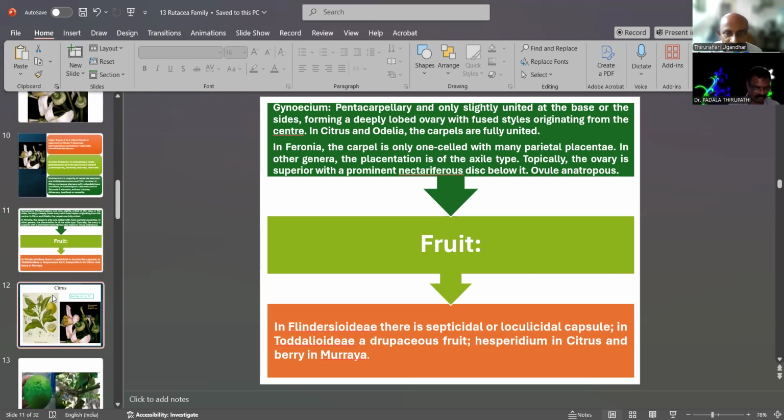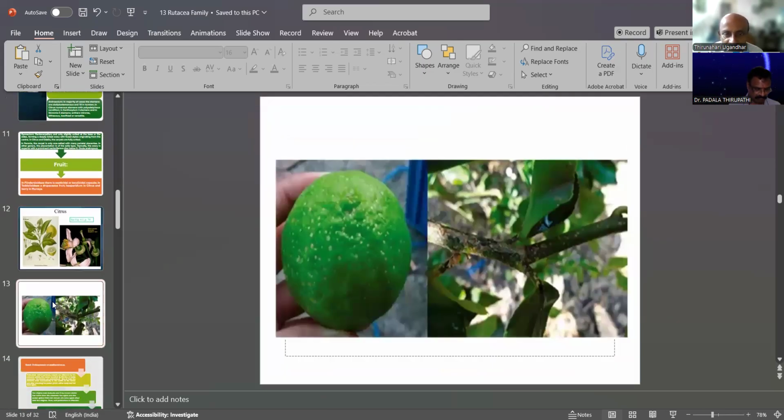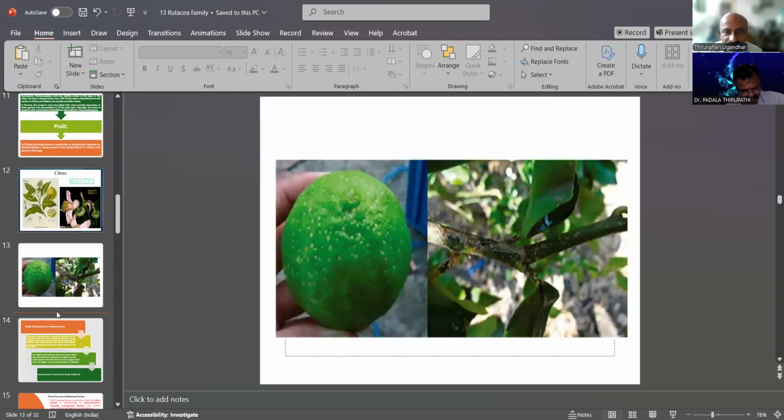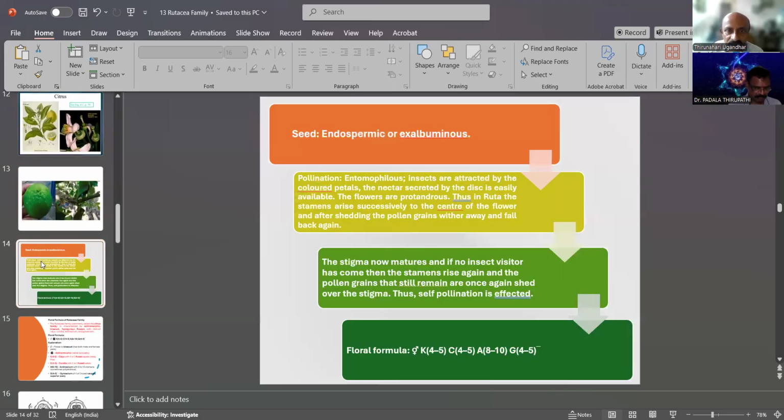In the figures of the family, there are also the transverse section of the flower, the transverse section of the ovary, and the longitudinal section of the anthers or androecium, and the different fruits, which are of different colors. The seeds are endospermic or exalbuminous.